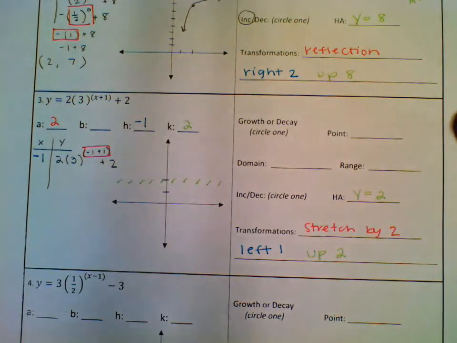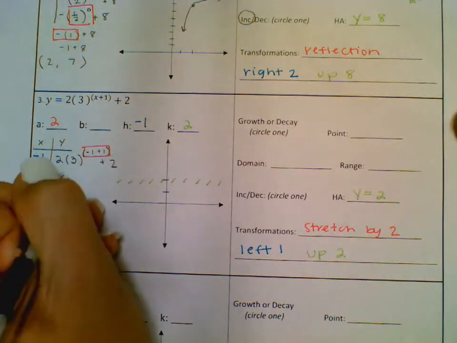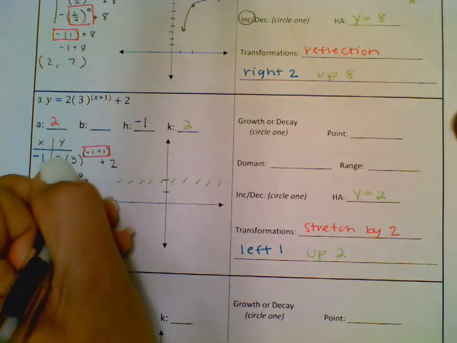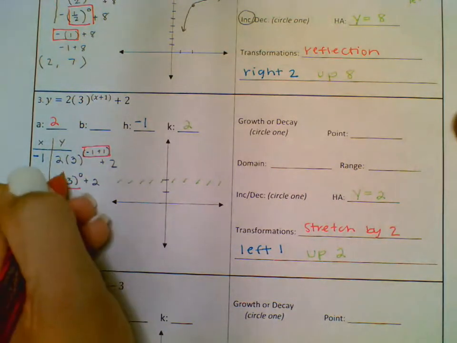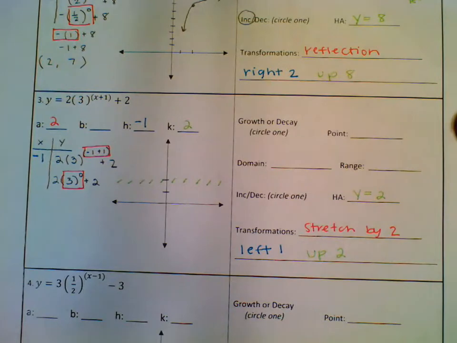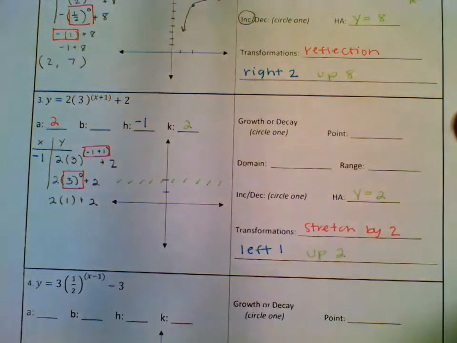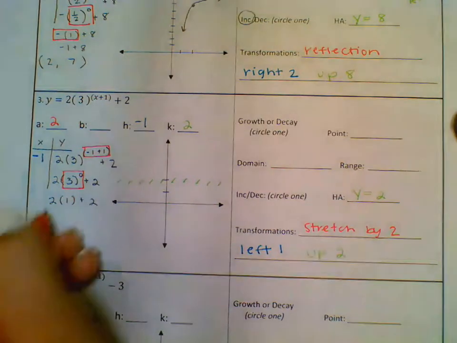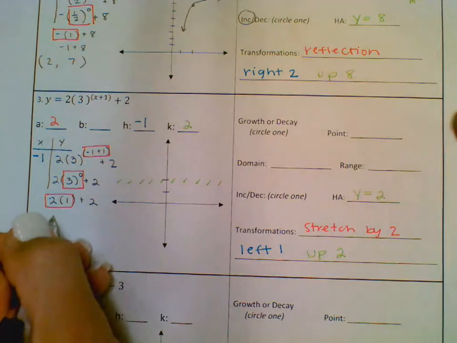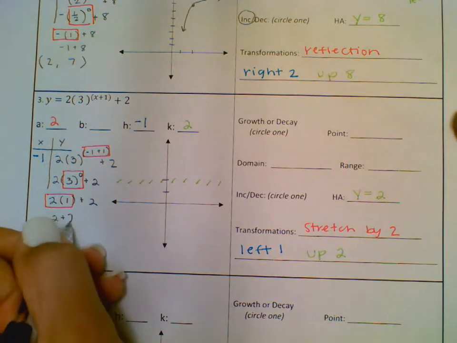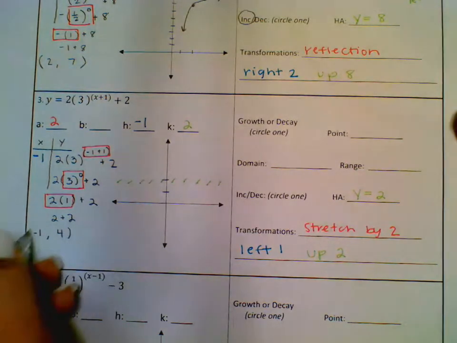Negative 1 plus 1 is 0. 2 times 3 raised to the 0 power plus 2. 3 to the 0 power is 1. 2 times 1 plus 2. 2 times 1 is 2. And 2 plus 2 is 4. So my point is negative 1, 4.